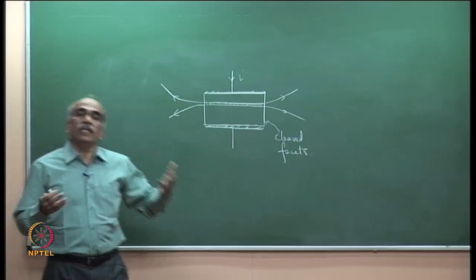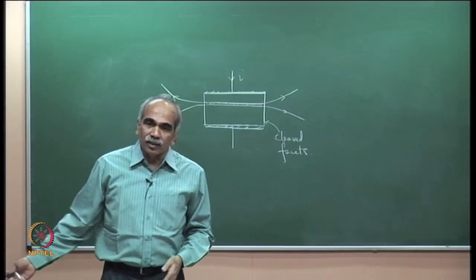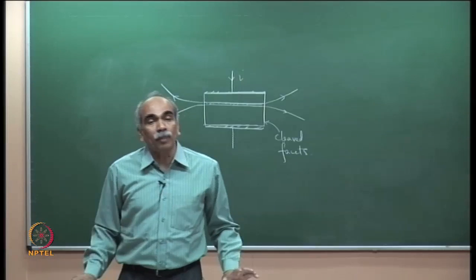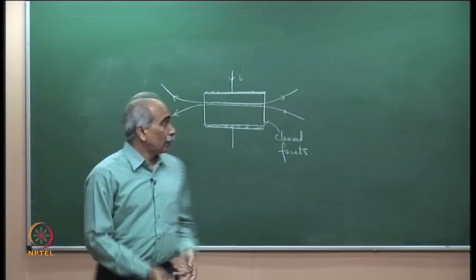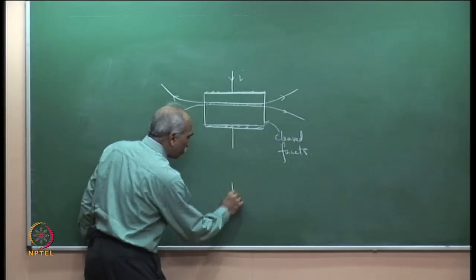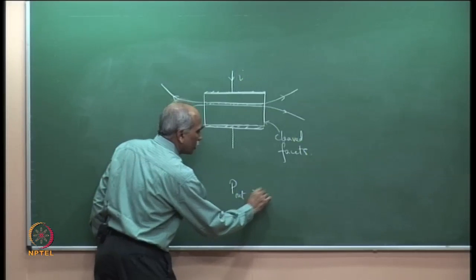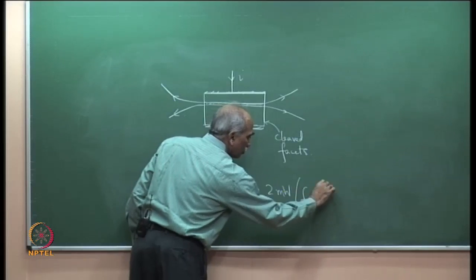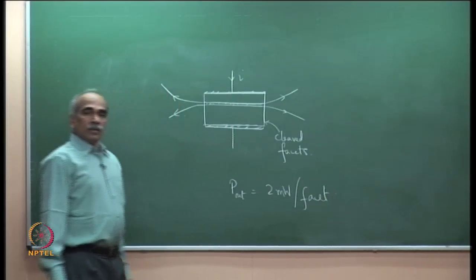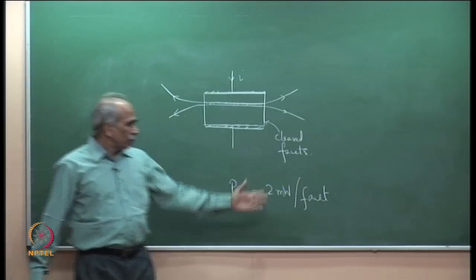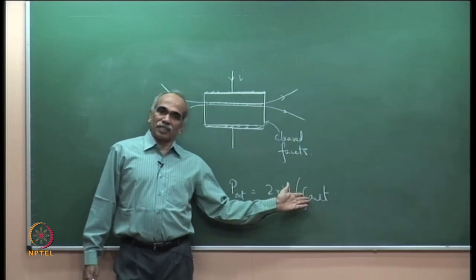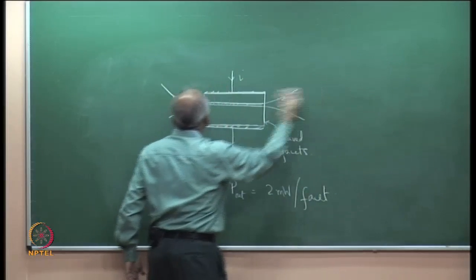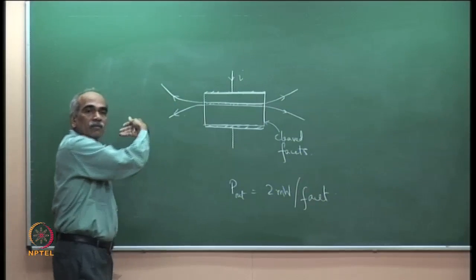In fact, in the specification of the early laser diodes, today it does not say, it simply says output power. In the early laser diodes, it was always specified P out equal to 2 milliwatt per facet. In the 1970s and 80s, the power was specified per facet. Facet means per face, which means 2 milliwatts comes from here and 2 milliwatts comes from here, two directions.